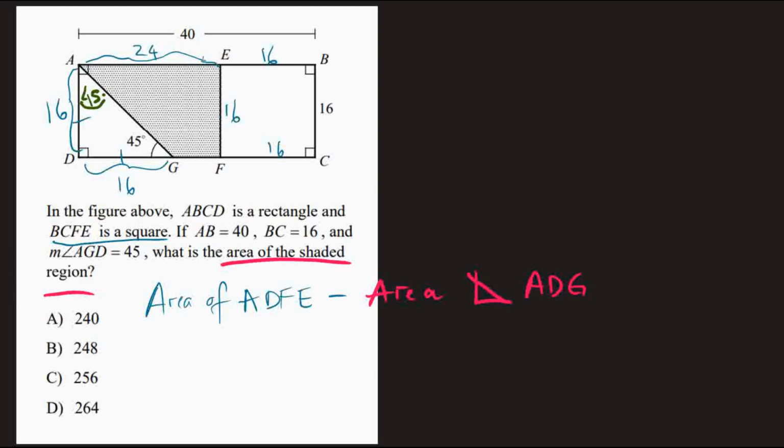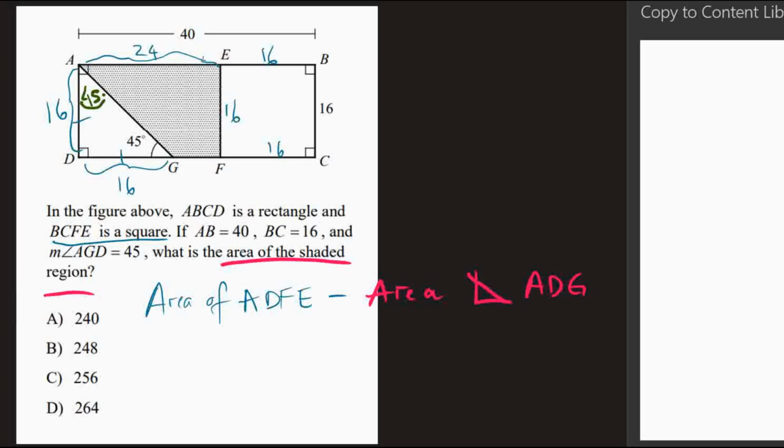Now ADFE is length times breadth. The length is 24 and the breadth is 16, so 24 times 16, minus the area of ADG. And ADG is 16 times 16 over 2.